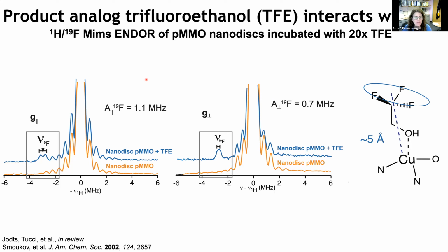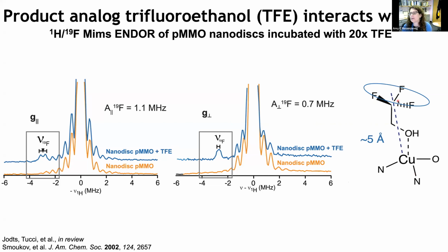I won't go through all of the data in the interest of time, but this is just a snapshot of the ENDOR that Ricky acquired. Basically, he saw couplings that are attributable to that fluorine interacting with copper 2 and specifically with the copper D. And we know it's the copper D because we've assigned that signal based on these combined structural and EPR experiments.